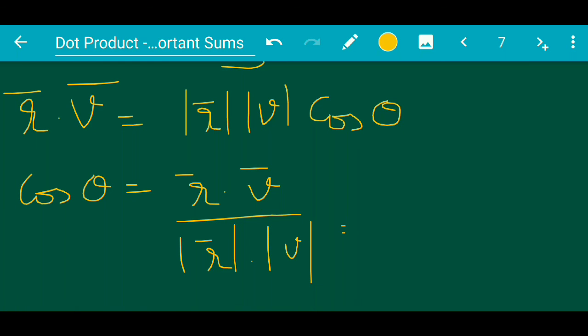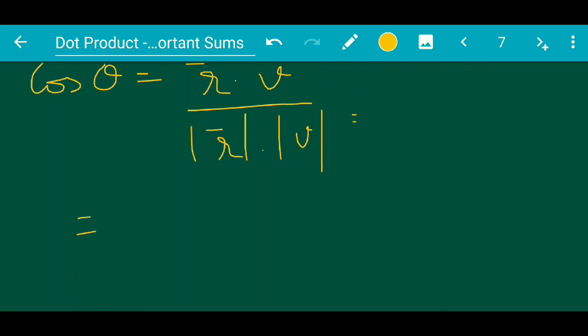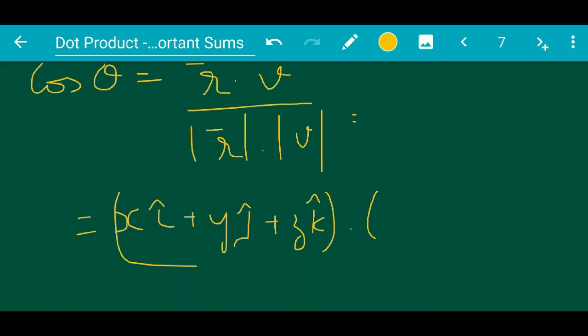Okay. Then substituting the values, we get over here the same thing, that is xi plus yj plus zk into the value of v bar, and the value of v bar is i plus 2j minus 2k.